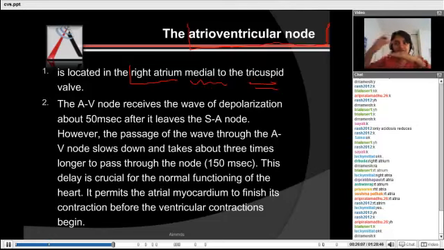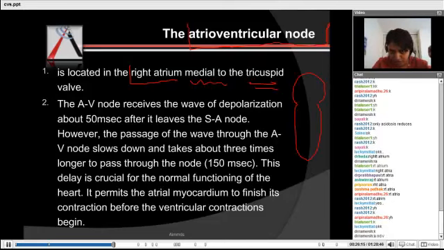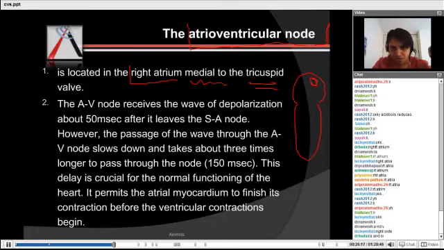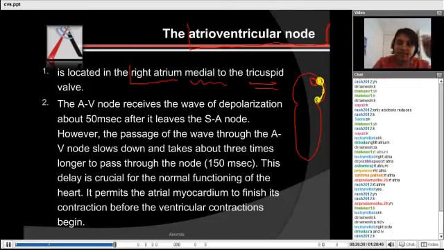The tricuspid valve is the junction of the atria and the ventricle. So if this is your right atrium and this is your right ventricle, somewhere here your superior vena cava opens. Somewhere here was your SA node and somewhere here is your AV node.